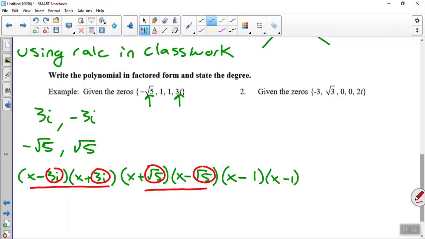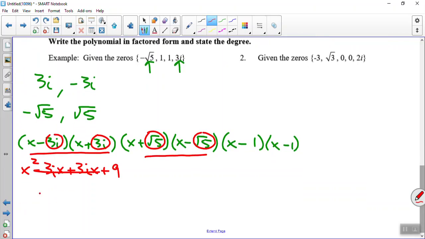All right, so remember when you multiply these conjugate pairs, that middle term is going to cancel out. You're going to get x squared minus 3i times x plus 3i times x minus 9i squared. The i squared is going to change the sign, so it's going to be plus 9. These cancel out. I get x squared plus 9.